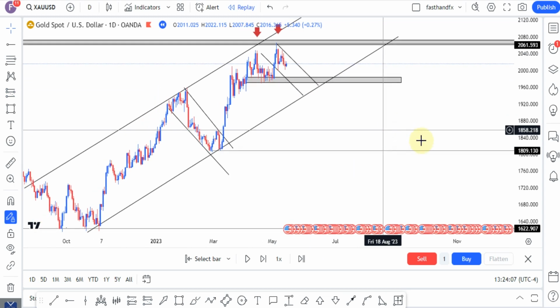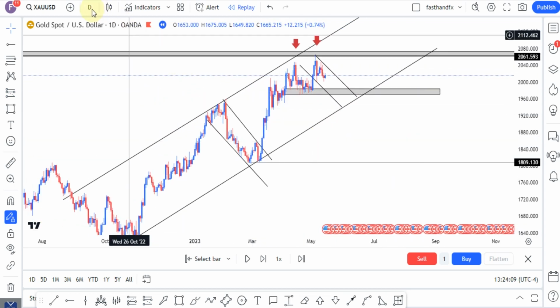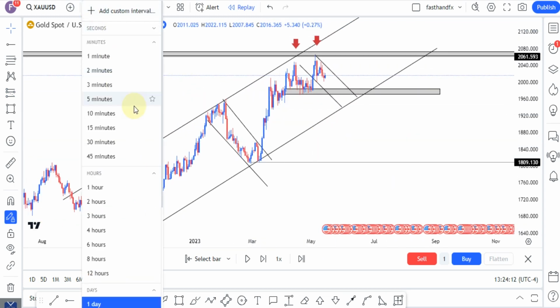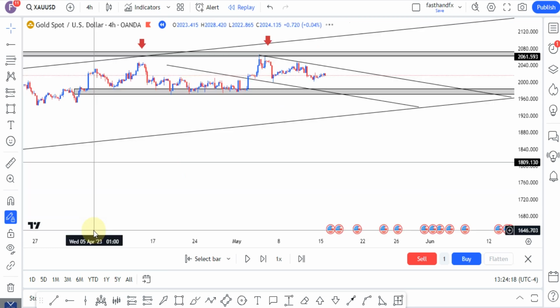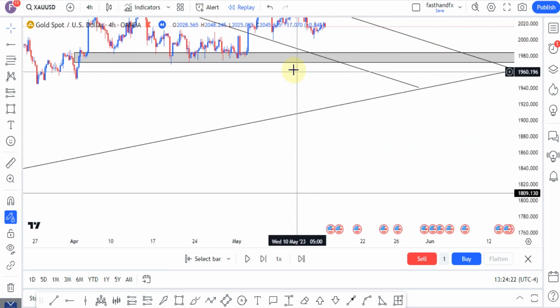So let's go further down from the daily, try to find entries in the daily, in the 4 hours. When you go down to the 4 hours, this is what the market was doing.